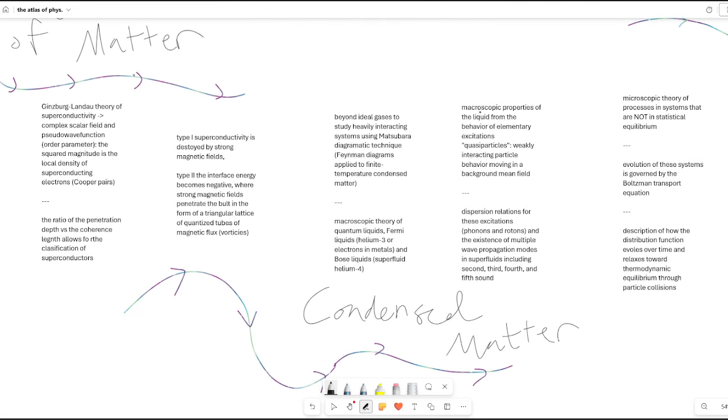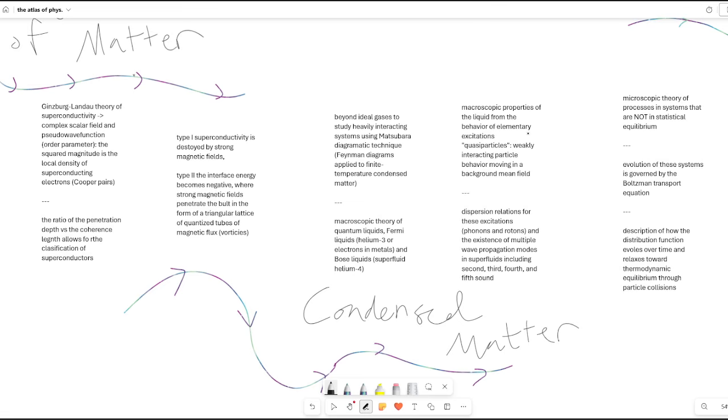And the microscopic or macroscopic properties of the liquid behavior of these excitations of elementary particles create quasi-particles, elementary excitations in continuous media that look like weakly interacting particle behavior and more exotic types of topological quantum fields moving in a background mean field.